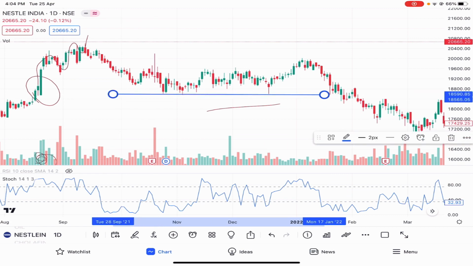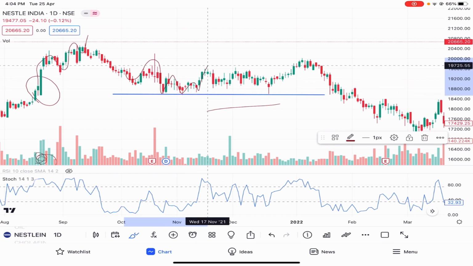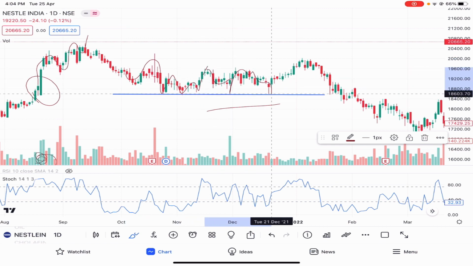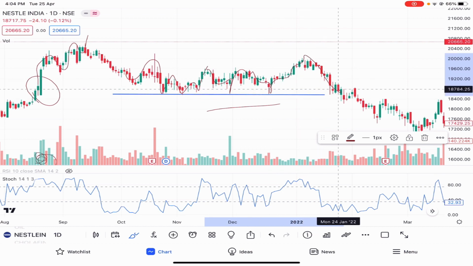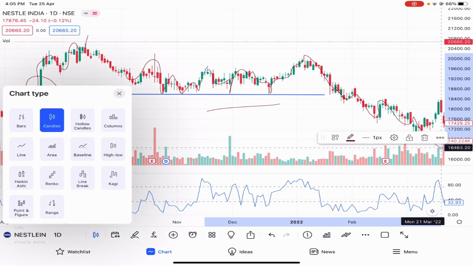Why am I connecting this? Because the support touched here, went up, touched here and went up. So I can see that this is a significant support because every time it is touching, it is going up. Here my support has been broken, obviously. So that is how you are going to identify support and resistances, and construct them. So try to do it by yourself.